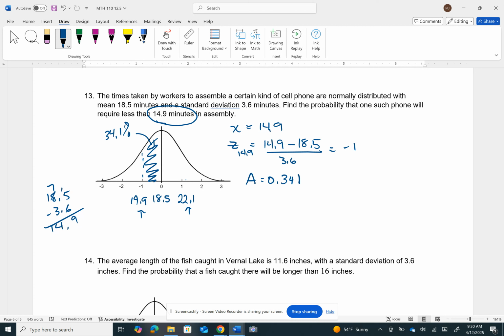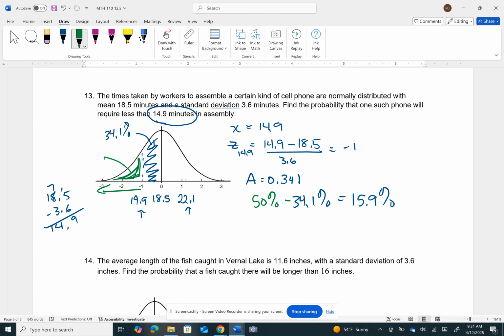All right, now we want to find the probability that one such phone will require less than 14.9 minutes in assembly. So we actually need this right here, less than that in assembly, so that would be from here down. So I'm going to take 50% and subtract the 34.1%. And that would give me, what is that? 15.9%.